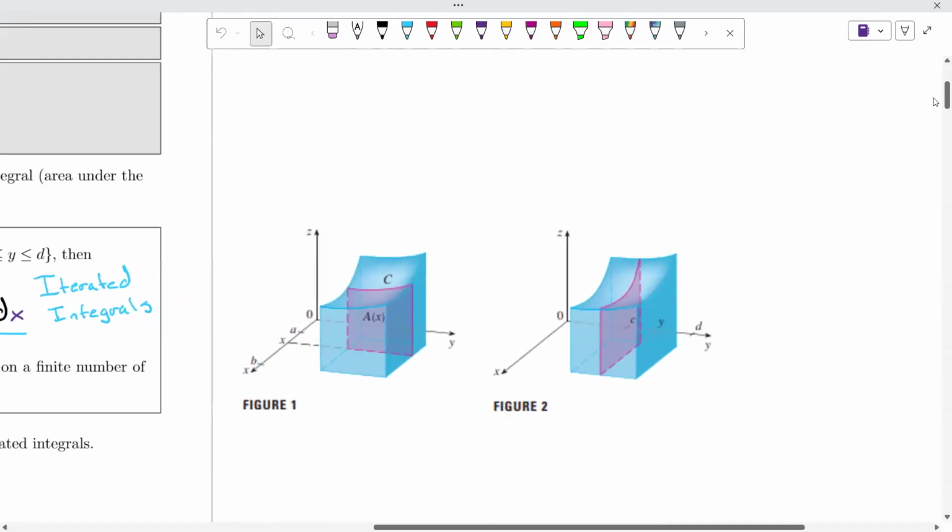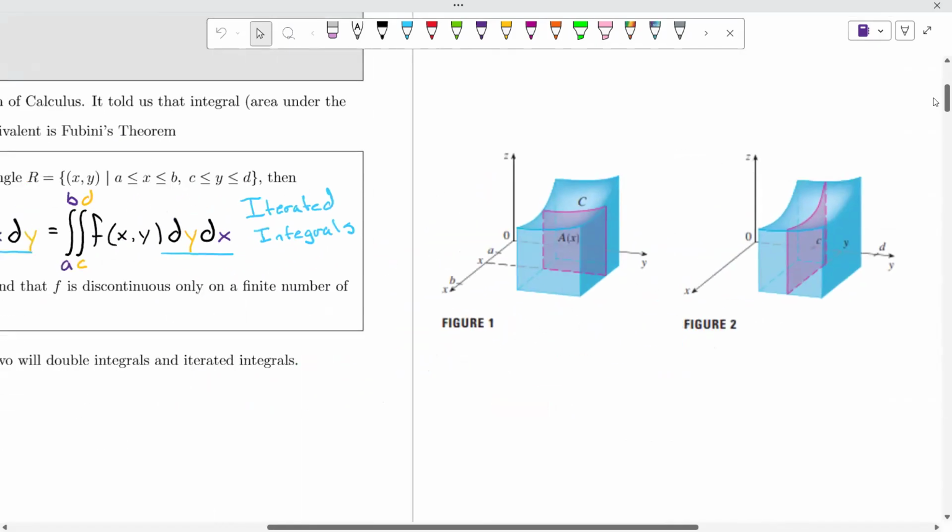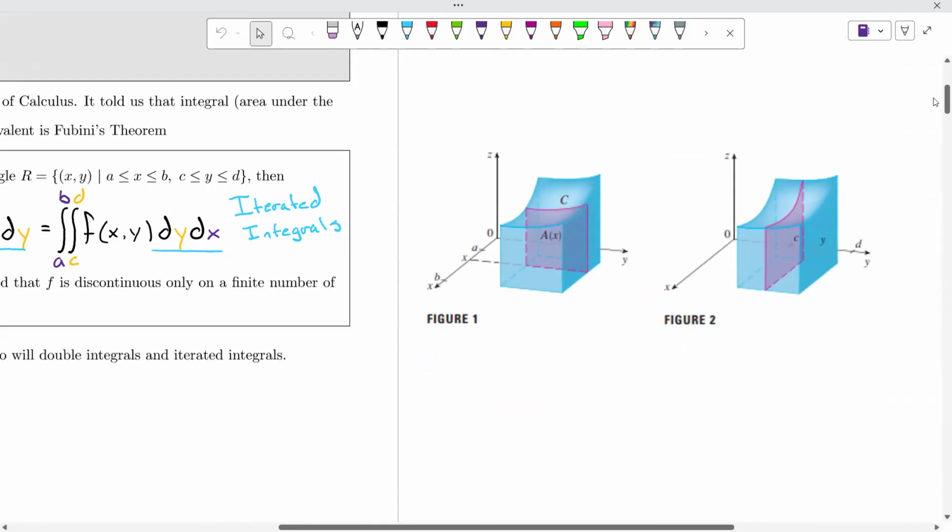So maybe a quick visual look at what these integrals are doing. Looks like a dx integral in figure 1, a dy integral in figure 2, where we're effectively going to be passing that pink shape that's there in the middle of the solid through that shape and adding up all of the areas to ultimately end up at some kind of volume.